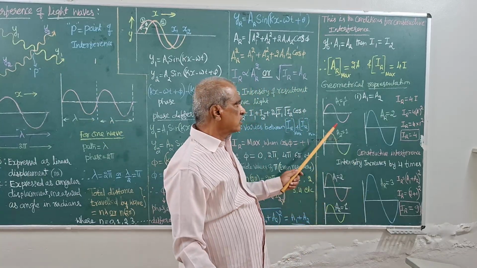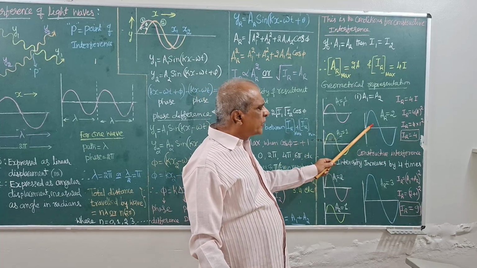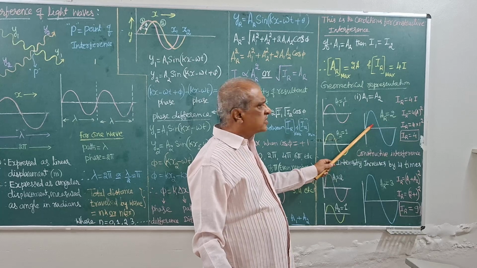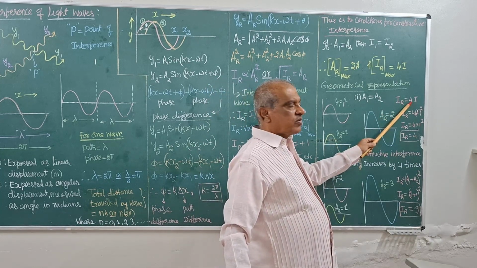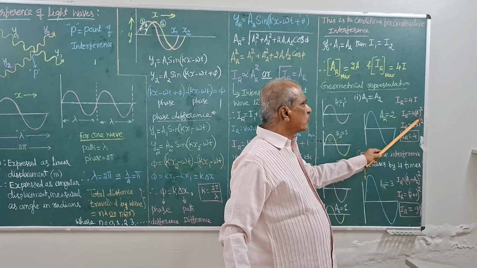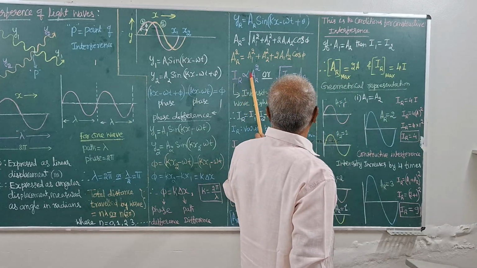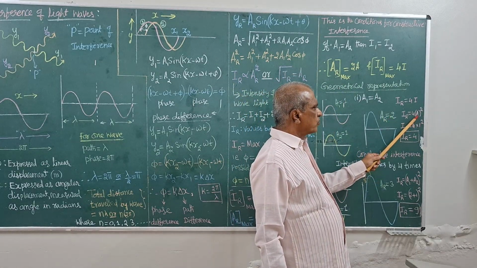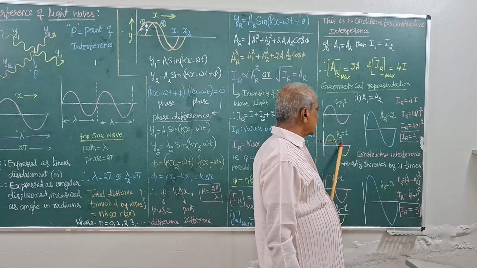That is for simple calculation again. This is for amplitude calculation. How do you calculate the intensity? IR equals 4I for the same amplitude. What is I? I equals a square. Remember, I is a square. Same amplitude means a square. A is 1. That is A1 equals A2 equals 1.